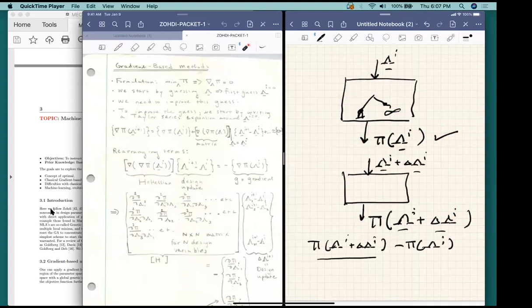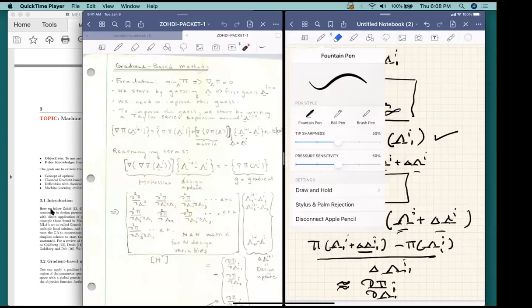If I divide it by the amount that I perturbed it, delta lambda i, this is actually approximately equal to the partial of pi with respect to lambda i for the first component. Let's say it's the first component. So we have to be careful here. That's a partial derivative. And let me be a little bit less sloppy. This is the first component. This is the first component.